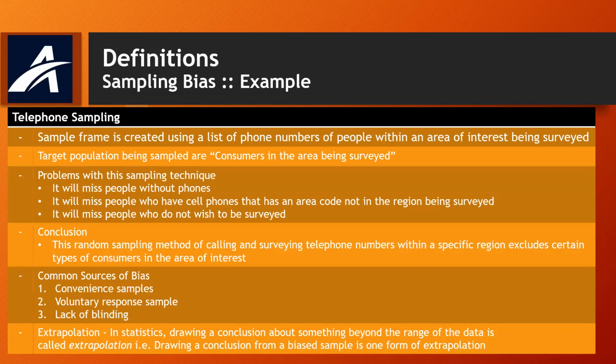In statistics, drawing a conclusion about something beyond the range of data, or without considering that the sample has some bias, is called extrapolation.